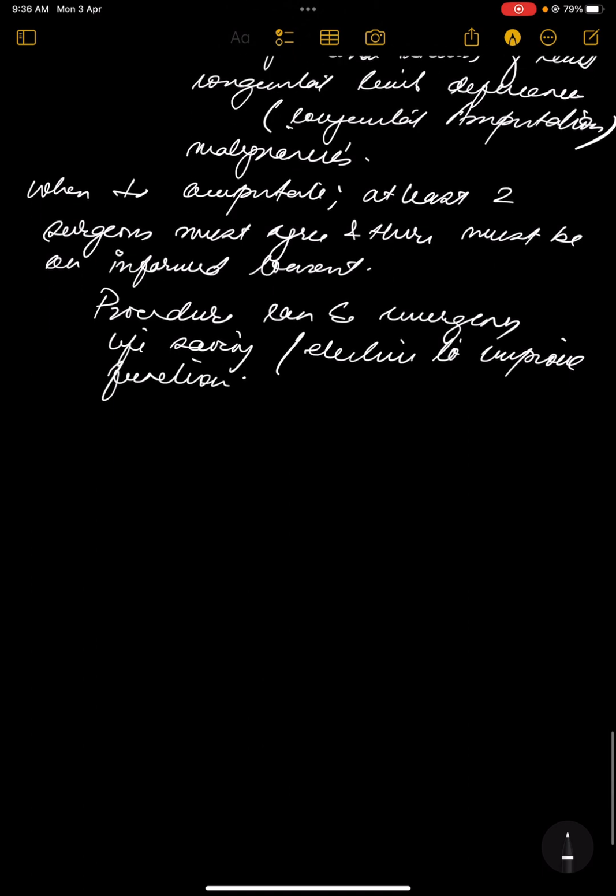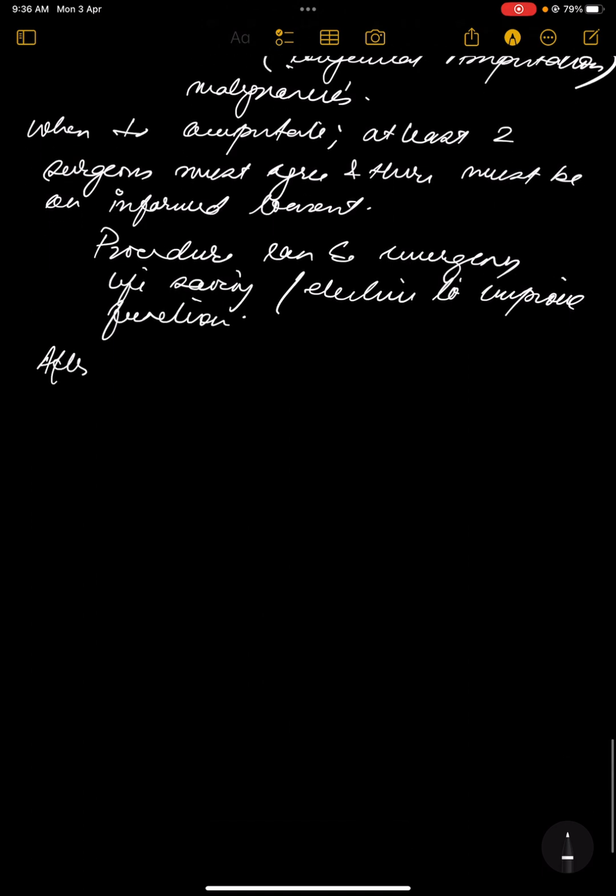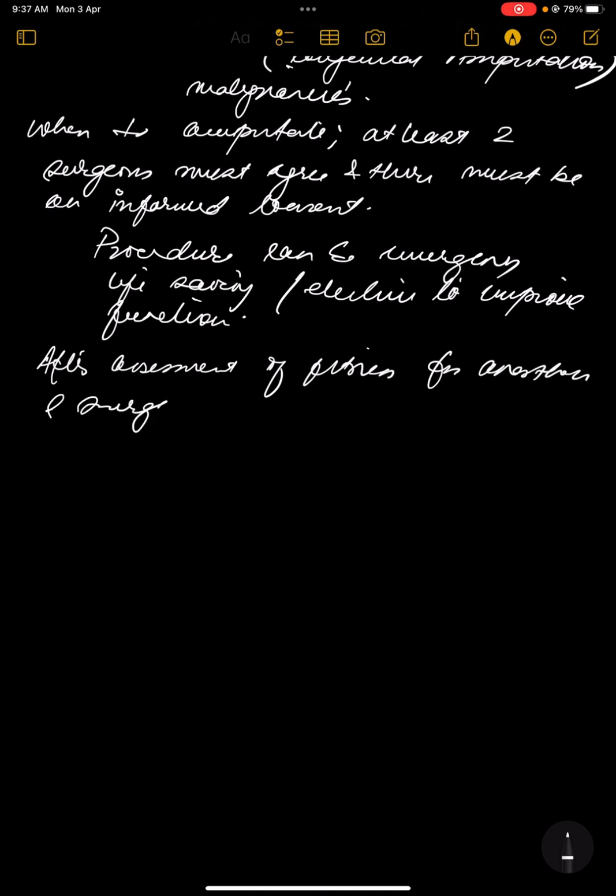After assessment of fitness for anesthesia and surgery, patient is under anesthesia. Part preparation and draping is done.